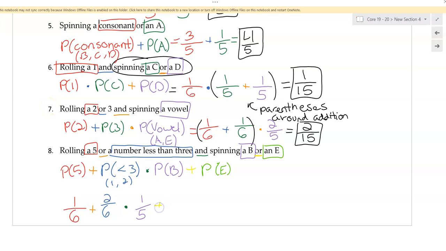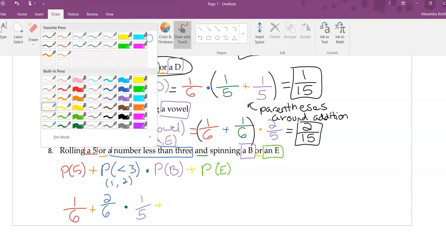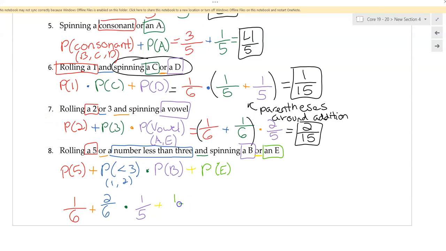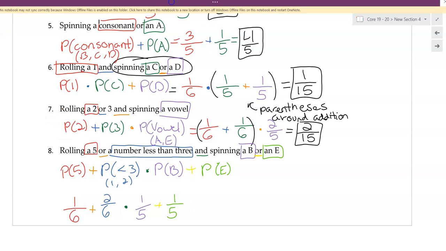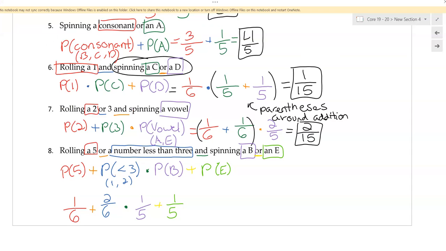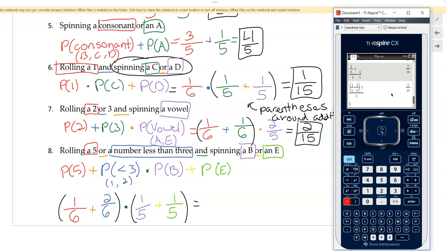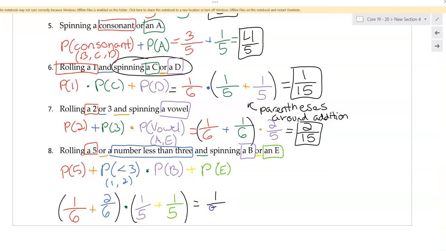We add again. The probability of E, well, there's 1 E out of the 5 numbers. The last thing we have to do, remember, is parentheses around addition. So I have 1/6 plus 2/6 in parentheses times 1/5 plus 1/5. And that whole thing comes out to 1/5.